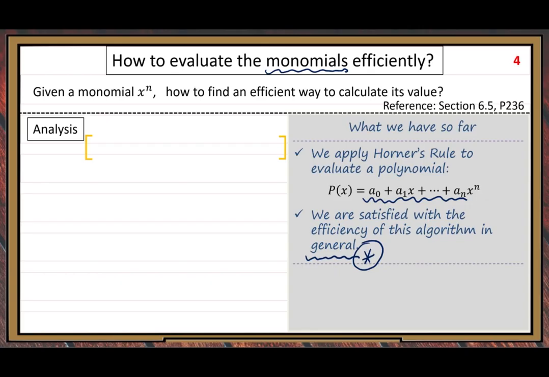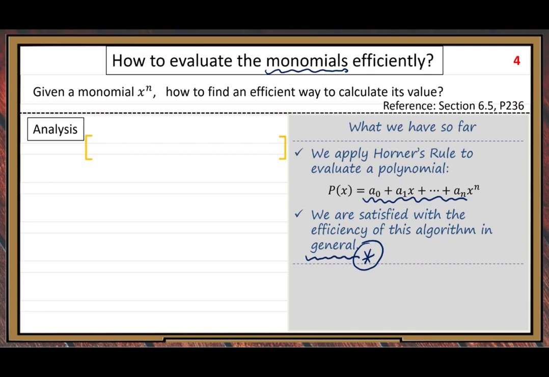But there is another case we also need to consider. If there are some special properties on these coefficients, can we do better than Horner's rule? If we have some special properties, that means we can take advantage of them. In the general case, you cannot use any property because you cannot assume any property.